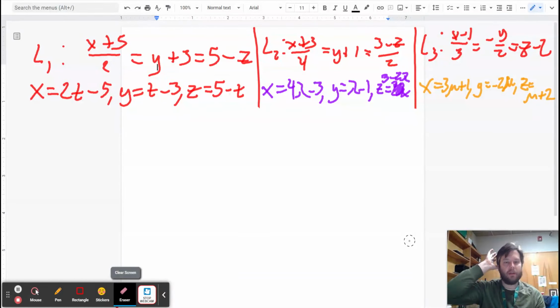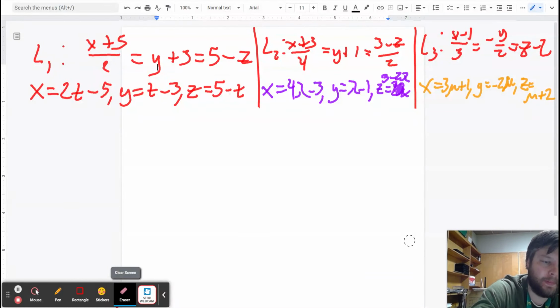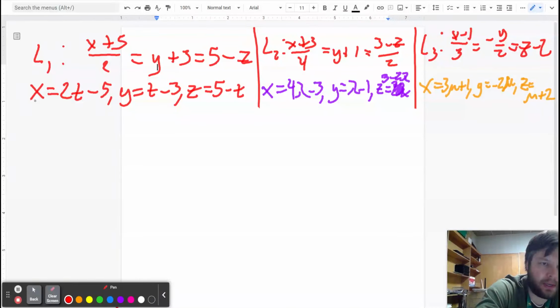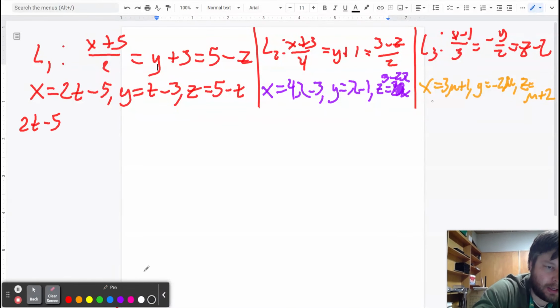So let's start with the red and the purple. I'm going to say that my x value from red is equal to my x value from purple. That will obtain, if I add 5, I will have 2t equals 4 lambda plus 2.